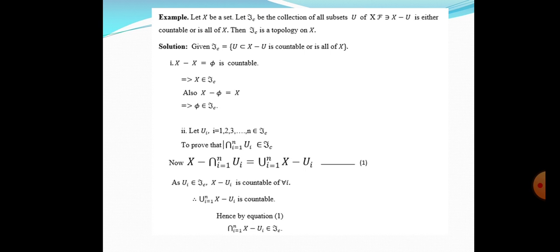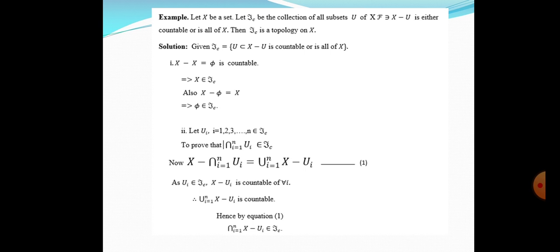So the first property is satisfied because X belongs to tau c and empty set also belongs to tau c.